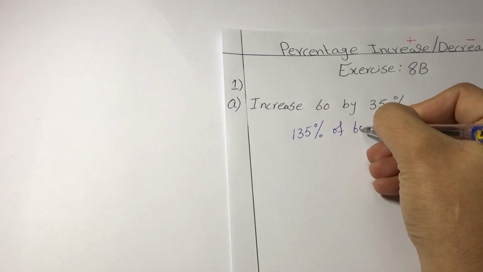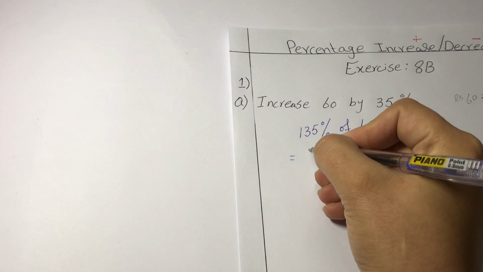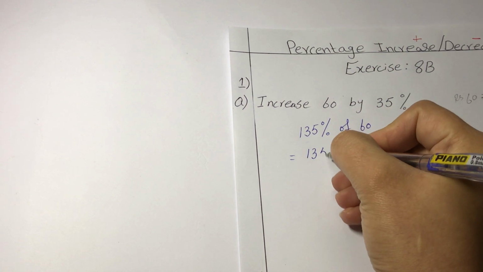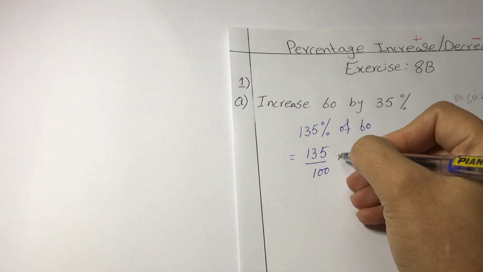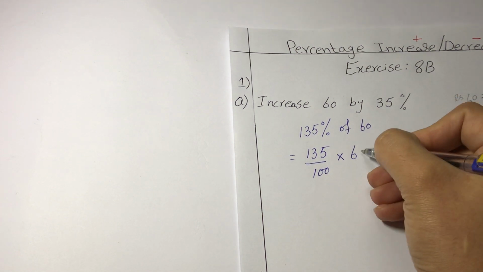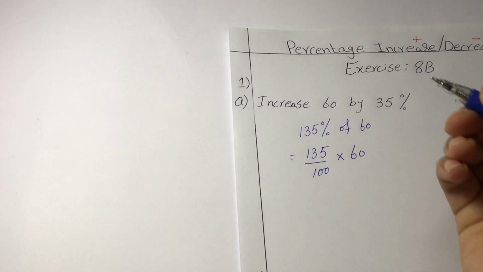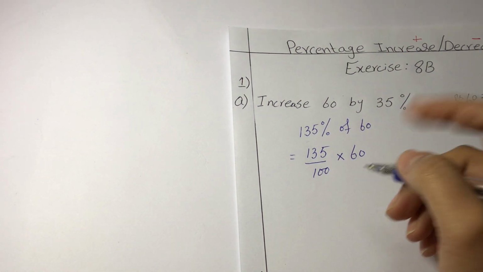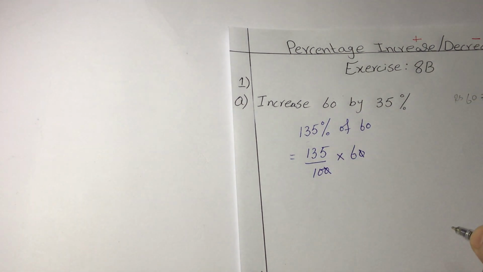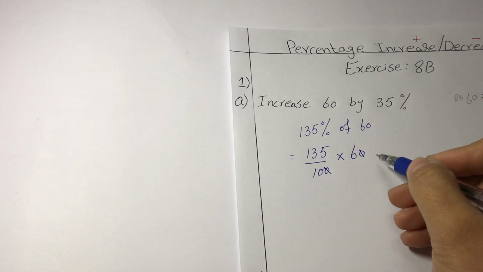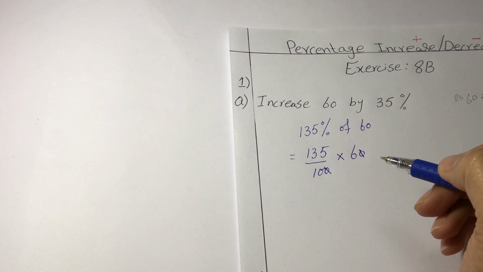Right? And as you know, 135% means 135 out of 100, and for "of" we always use multiplication, right? Now, as we have done previously, we can simplify the zeros, as these two are on opposite sides and the denominator is always a divisor.